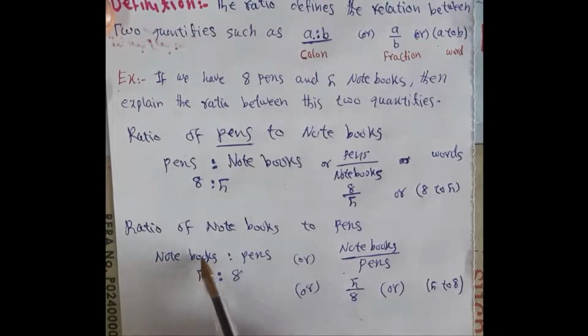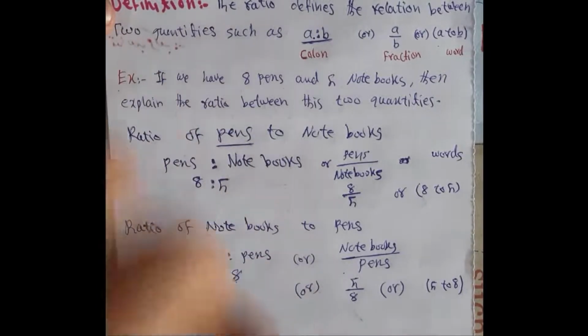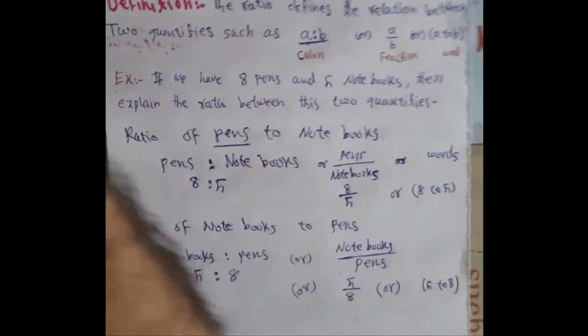First we write notebooks and second we write pens: 5 colon 8, or we can write 5 over 8, or 5 to 8. It is the explanation of the ratio between two quantities.